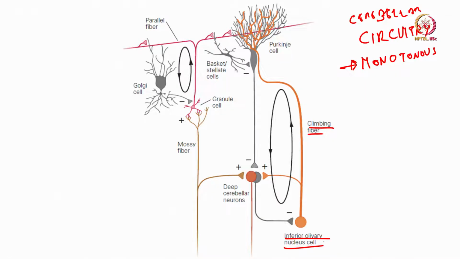So, I come back to the diagram. This is the climbing fiber which I was telling you about, coming all the way from the inferior olivary nucleus. Remember, there are two sets of input from the inferior olivary nucleus within the cerebellum. Sorry, it is input.